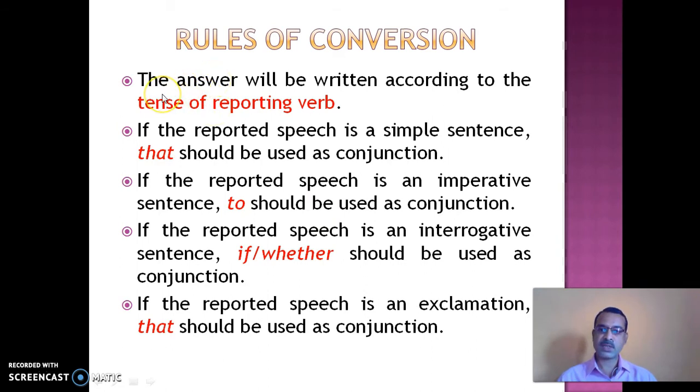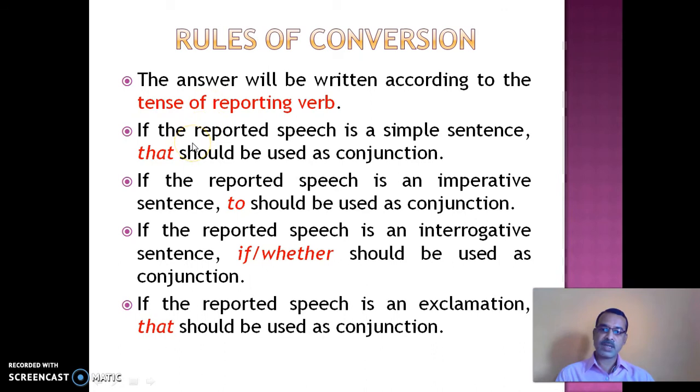Rule number 1 says the answer will be written according to the tense of the reporting verb. Now here we have to understand what is the reporting verb of a particular sentence. In the previous example, I have told you what is the reporting verb and what is the reported speech. At first we need to focus on the reporting verb of that particular sentence.